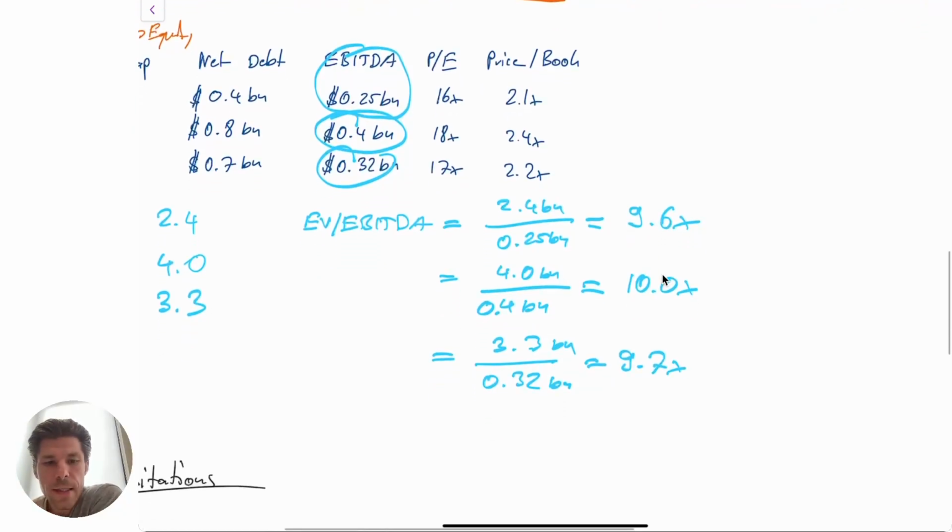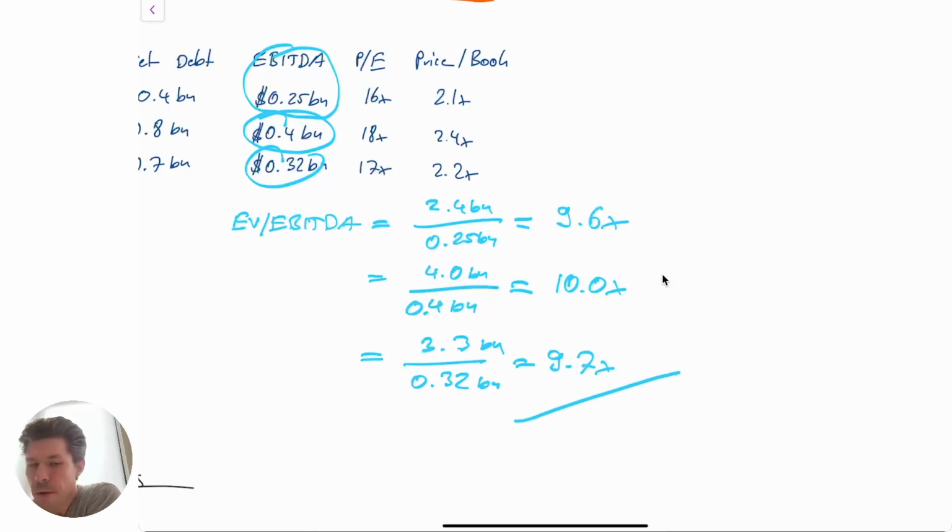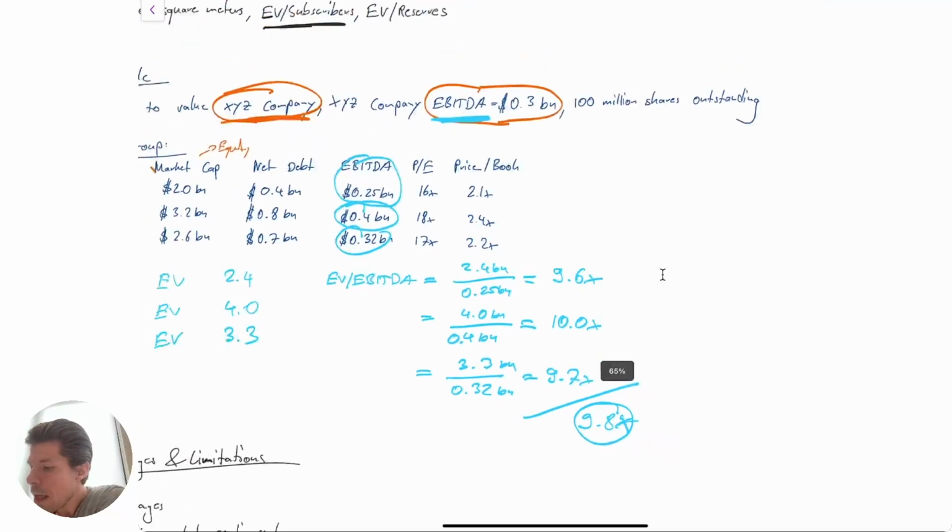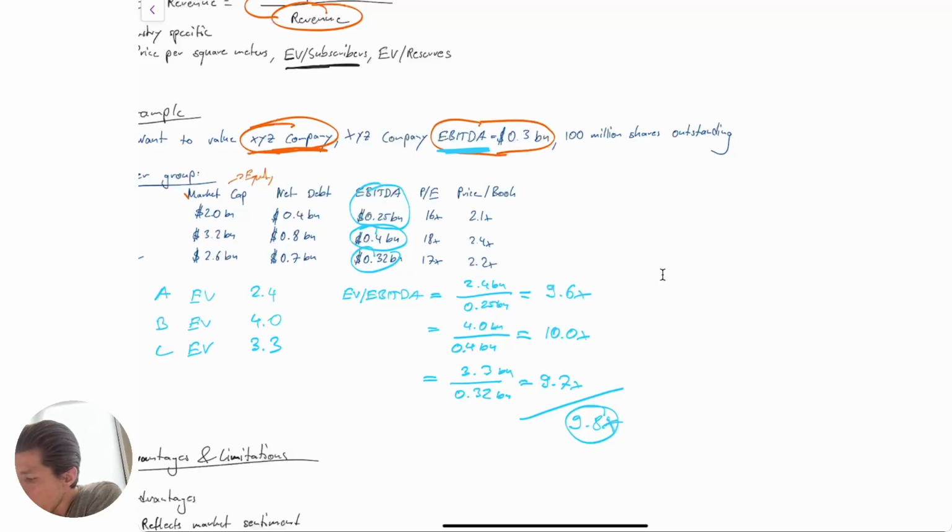We would take an average out of those three. If we take the median, it would be 9.8. Let's assume 9.8 is our average. This is the ratio we are using. And then basically we use this multiple with our XYZ company.